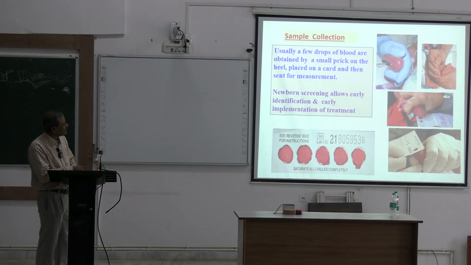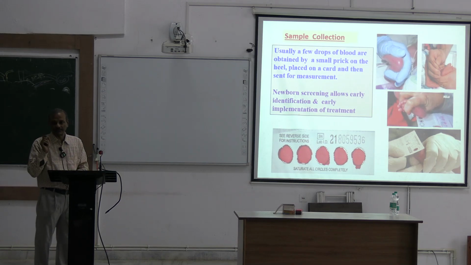The heel will be held like this, then a puncture will be made, and the blood will come out, and blood will be collected on filter paper strips in a circular spot. These are the spots, the white circles. Ultimately, this blood-soaked filter paper will be sent to the laboratory for analysis.